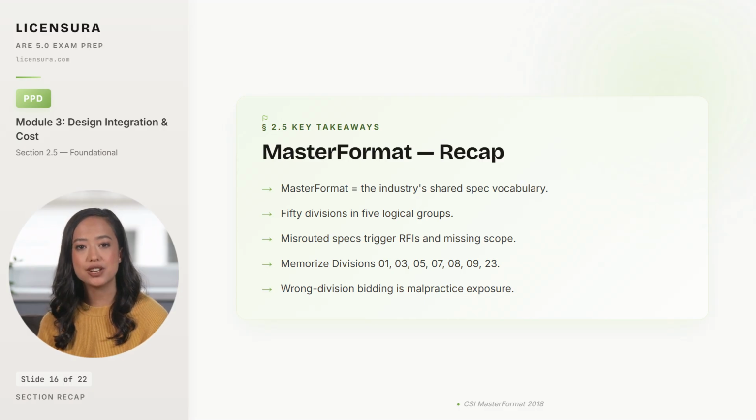And the exam questions on division numbering resolve themselves. And the consequence? A wrong division spec call is malpractice exposure, because the architect is the only professional accountable for the organization of the construction documents, and the owner who sues for missing scope traces the issue back to the spec author.